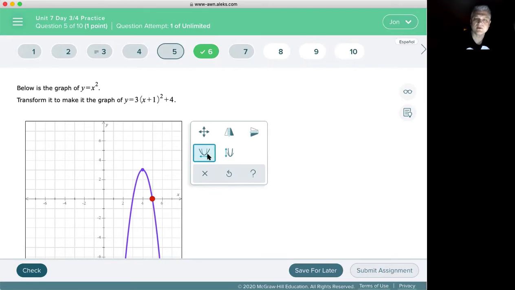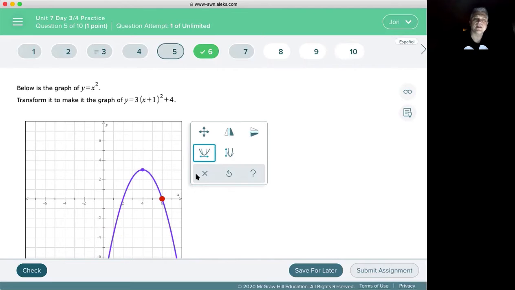So notice when I was doing this here, if I try going up or down and I have the wrong button, it won't let me go up or down with this guy. If you want to go left or right, it won't let you go left or right with that guy. It only goes up or down with the vertical shift, with the vertical shrink and stretch. This guy here, it'll only go left and right with the horizontal shrink and stretch.